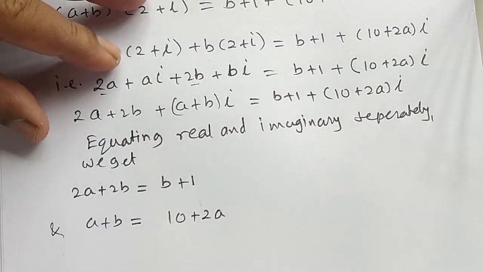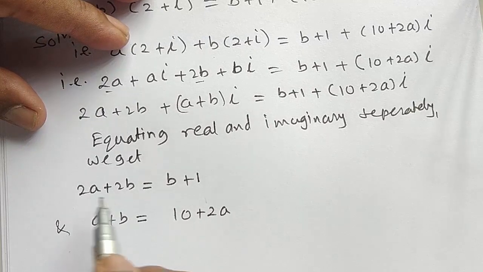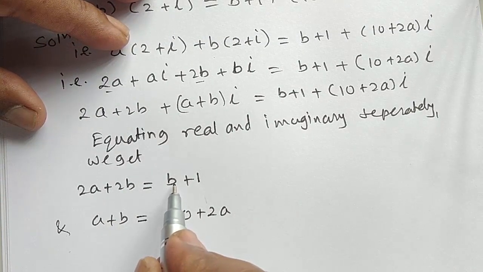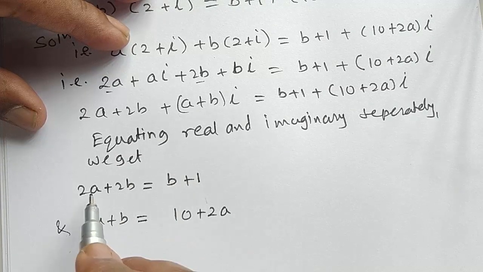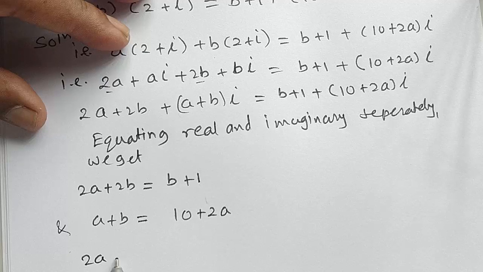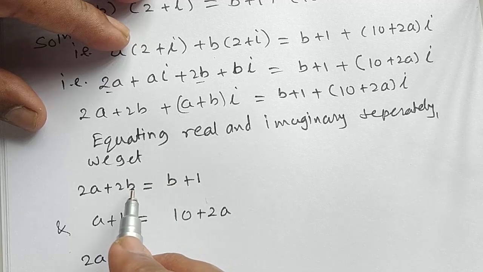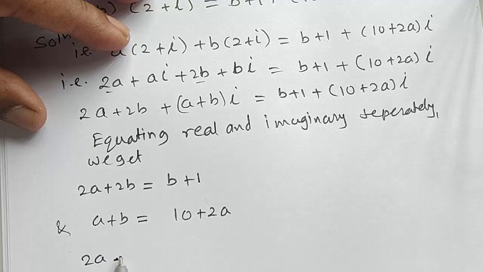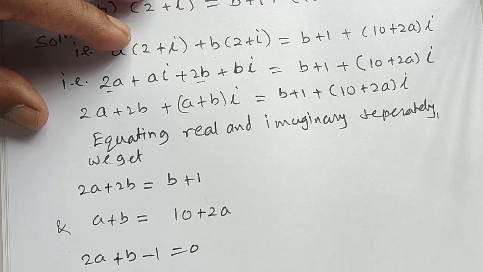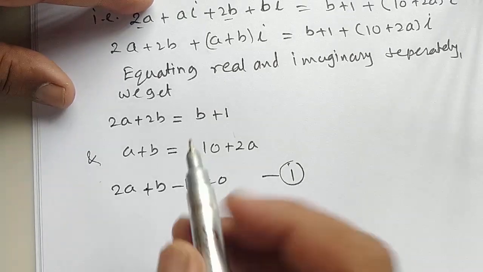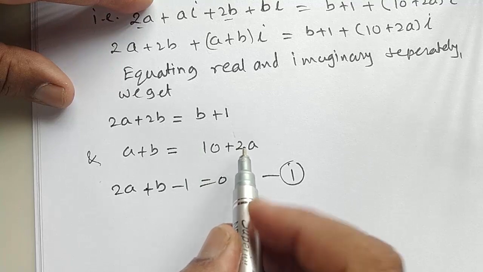We got two relations. Simplifying this, taking b plus 1 to the left hand side, we get 2a plus 2b, and taking b to the left, it becomes minus. So, it is 2a plus b minus 1 is equal to 0. This is equation number 1. Now, similarly, here also.